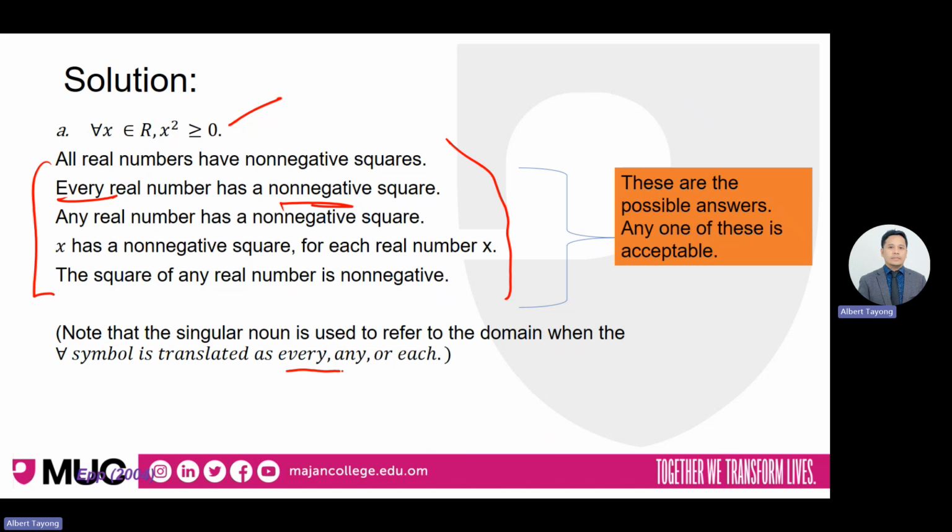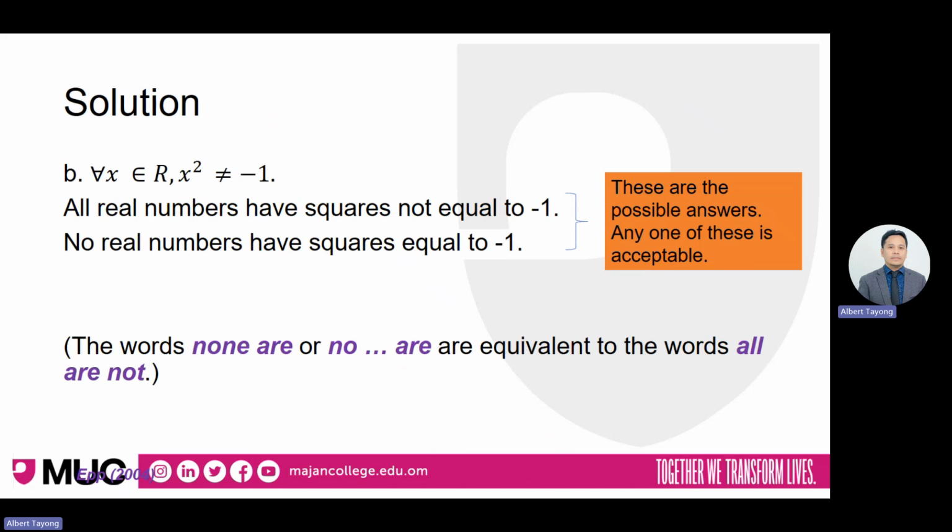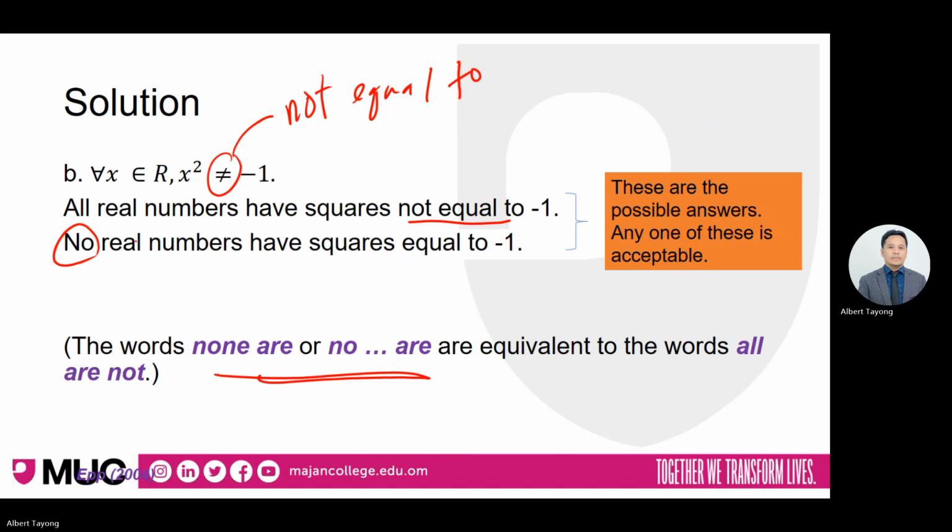So you can use every, any, or each. Same here. Instead of saying not equal to, you can start with no. No real numbers have squares equal to -1 because of this, not equal to. Okay, so you can use no in the beginning. It's equivalent to all or not.